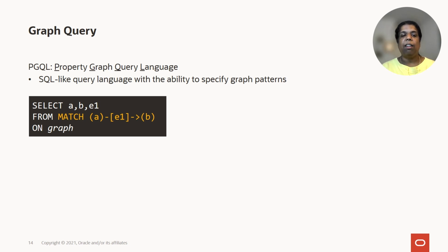So you can see here that this is selecting all edges that connect to vertices. So A and B in parentheses are variables representing vertices. E1 is a variable representing an edge because it's in square brackets. So you're basically saying here, find me all edges, because any edge is going to connect two vertices. So you're saying, find me all edges in the graph. It's something like select star from tab.